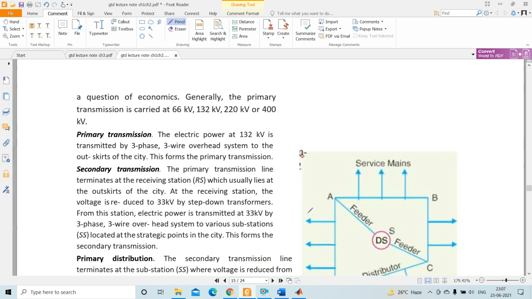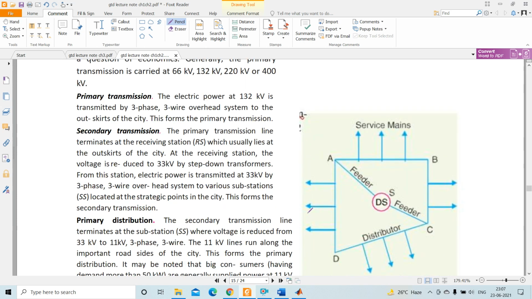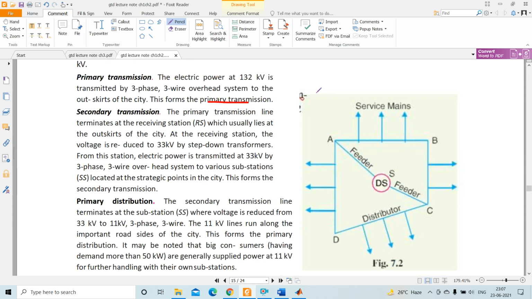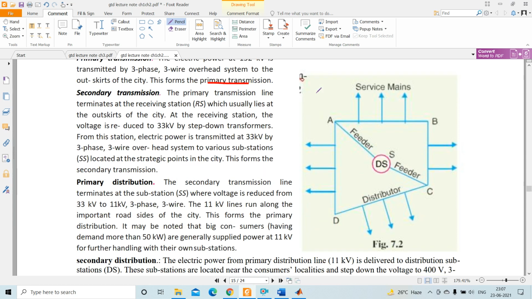Next is the primary transmission. The electric power at 132 kV is transmitted by a three-phase, three-wire overhead system to the outskirts of the city. This forms the primary transmission. And then the next one is the secondary transmission. The primary transmission line terminates at the receiving station, that is RS, which usually lies at the outskirts of the city.